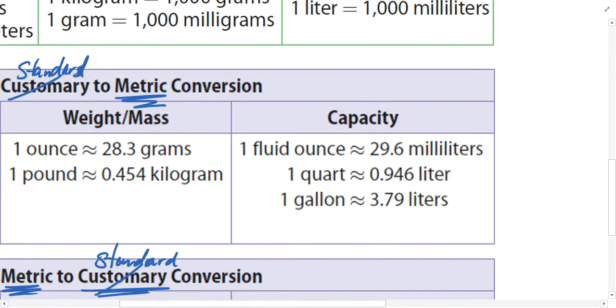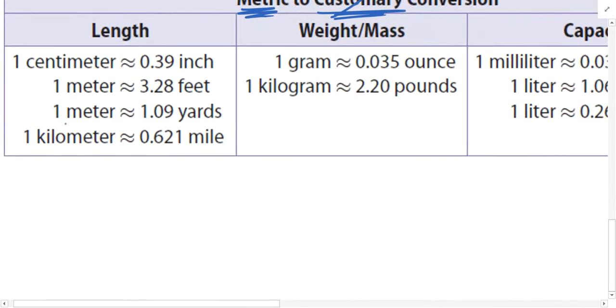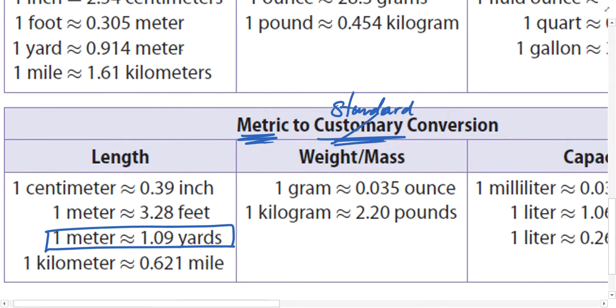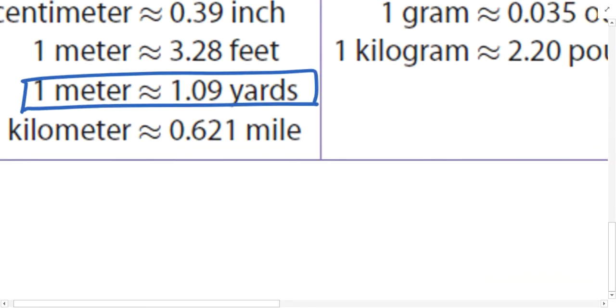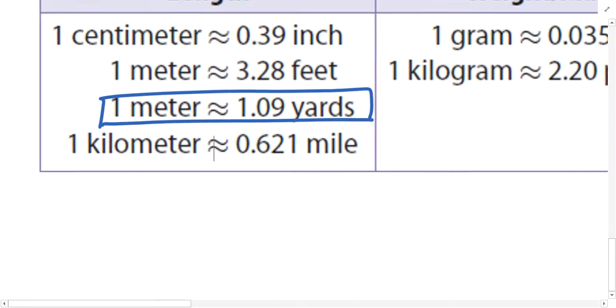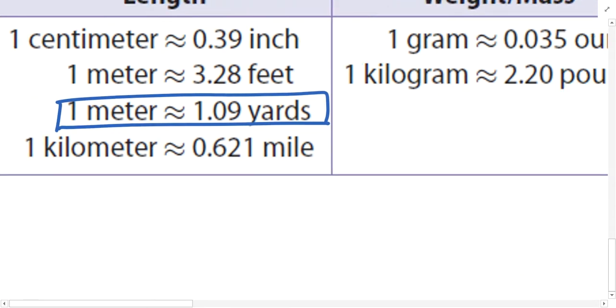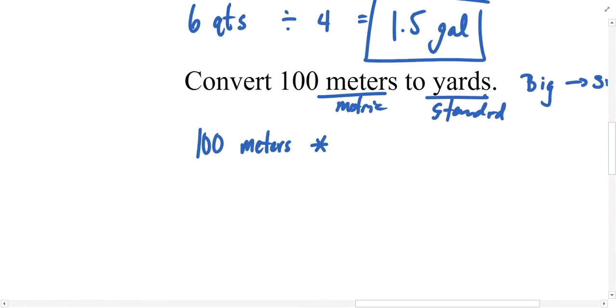So metric to standard, I better use this conversion factor down here. So clearly, if you had used this conversion factor up top, the 0.914, that would have given you a different answer than 1.09. And in fact, it would have given you an incorrect answer. So do be careful and please make sure that you're using the correct conversion factor here.